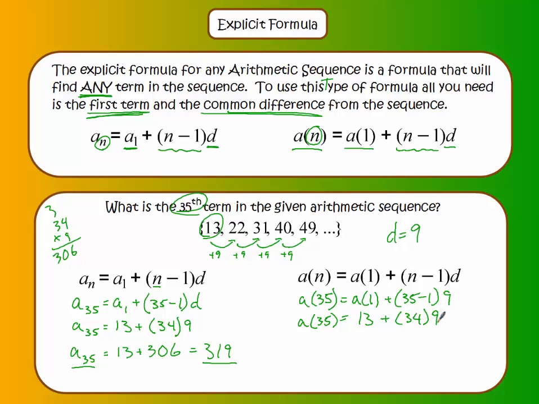And again, 34 times 9 is just that 306. So a of 35 equals 13 plus 306. And voila, once again, we get 319, the same number. So the 35th term of this sequence is 319.